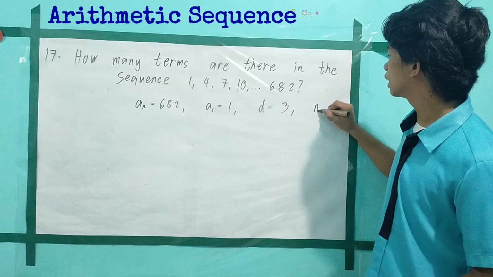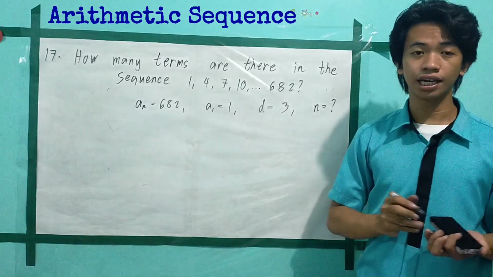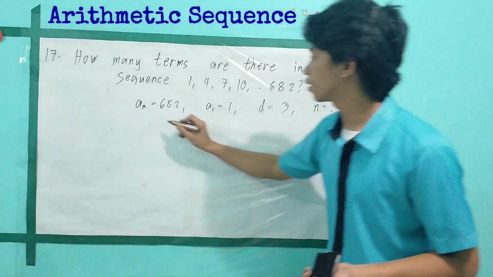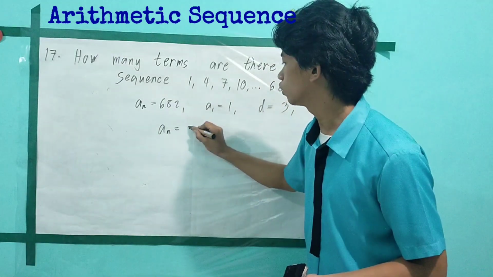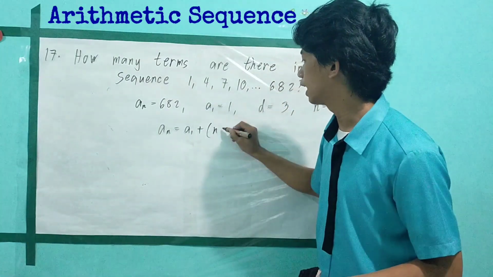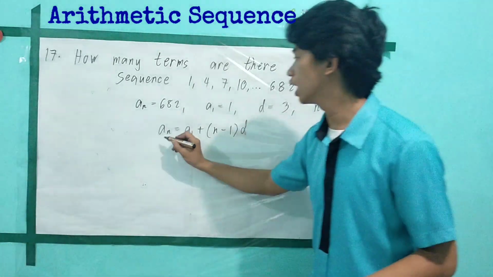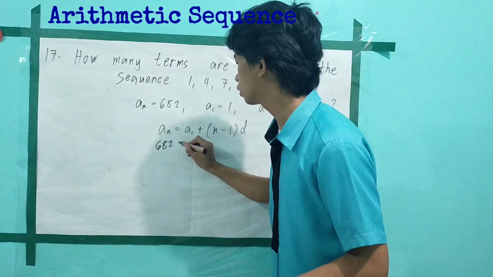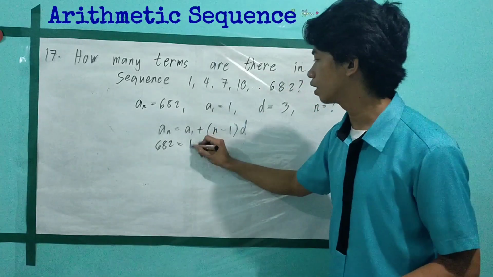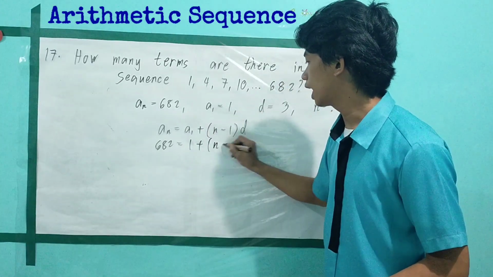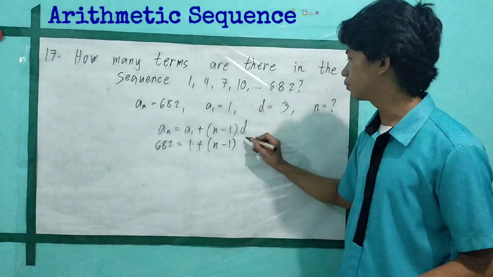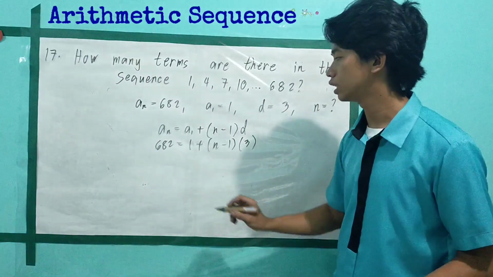Ngayon, ang hinahanap natin kung ilang terms meron. So, using our formula, a sub n is equal to a sub 1 plus n less 1 multiplied to the common difference. Ang ating a sub n, we have 682 is equal to a sub 1, we have 1 plus n less 1 multiplied to the common difference, which is 3.